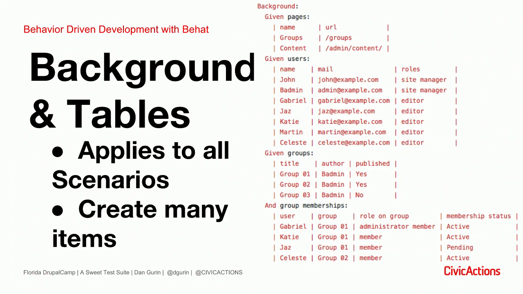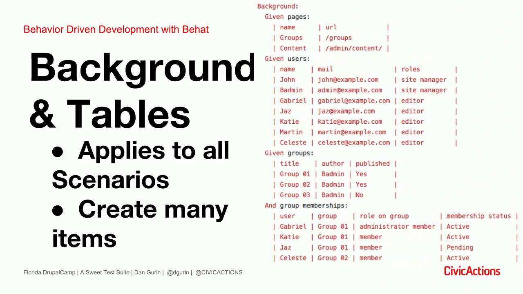This is cool: background and tables. If you start your feature out with a background, you can create content that will happen for each scenario. So it's good for, here's an example with pages, users, groups, memberships.